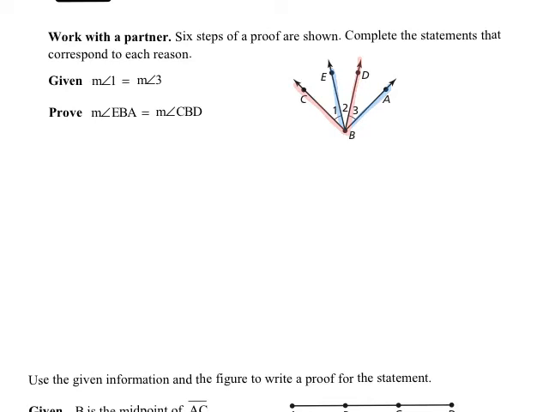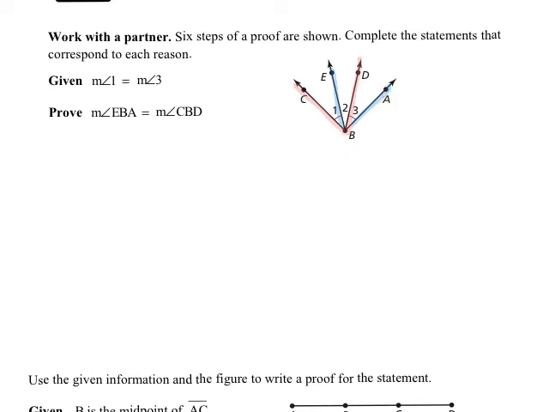So, what do you know right now about EBA? Do you know anything combined together that would make EBA? Do you know anything about either of the angles in EBA?